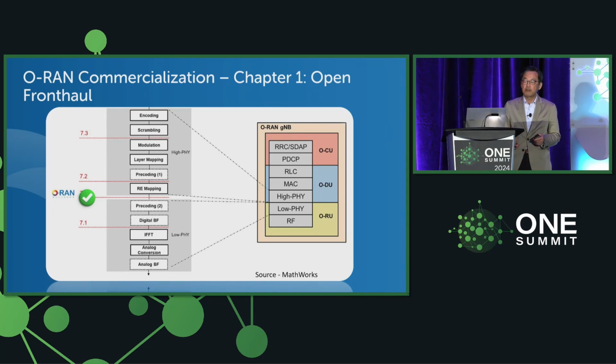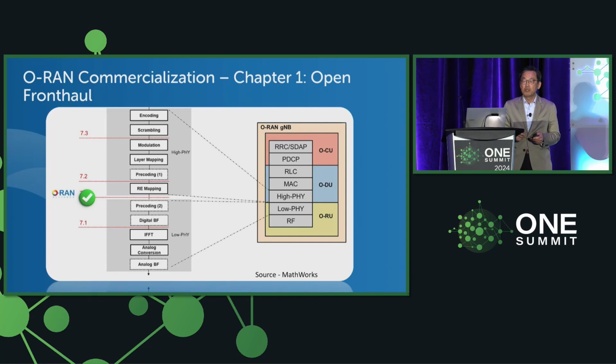This fronthaul traditionally refers to a very, very high speed and low latency link that carries these radio signals. So it's a very, very challenging task. And our selection for the split point was as shown on the picture. It's not so clear there, but there's a green color check mark. That was the split point the ORAN Alliance chose.